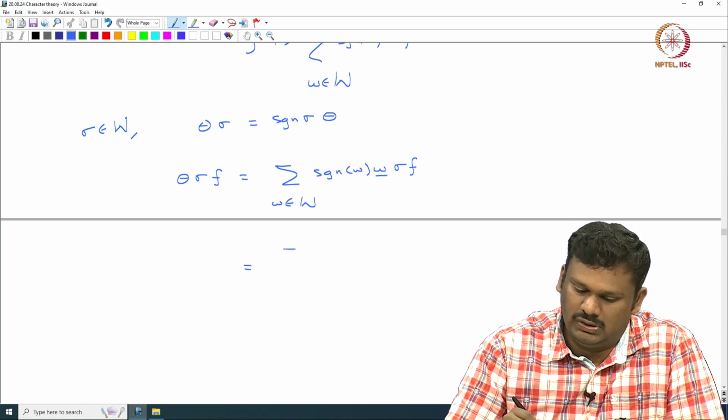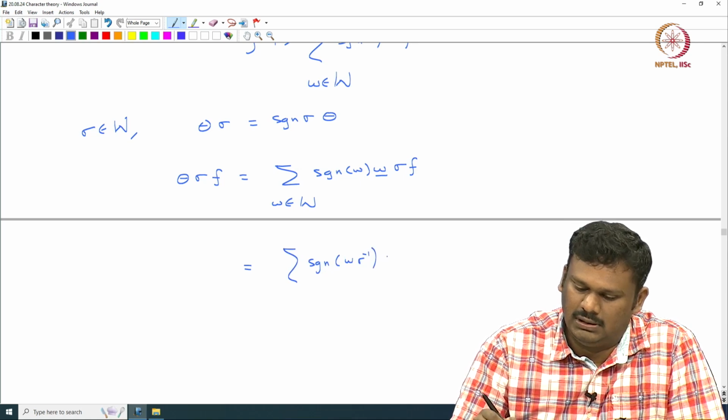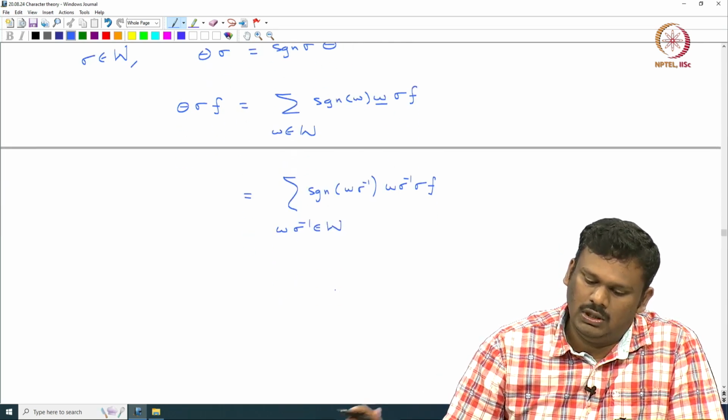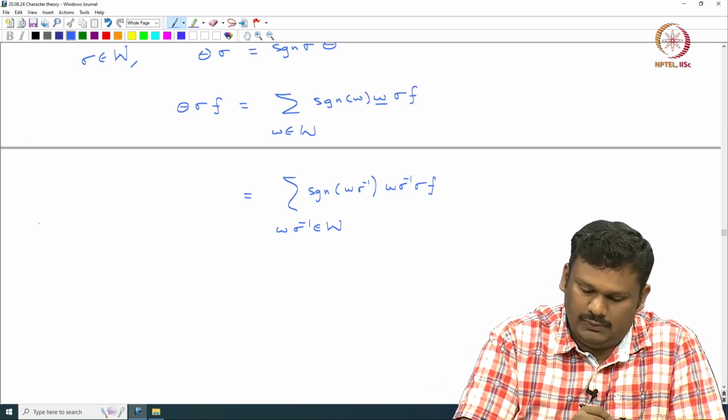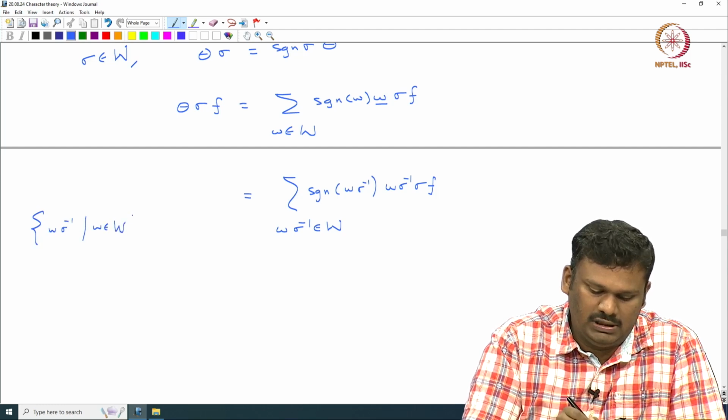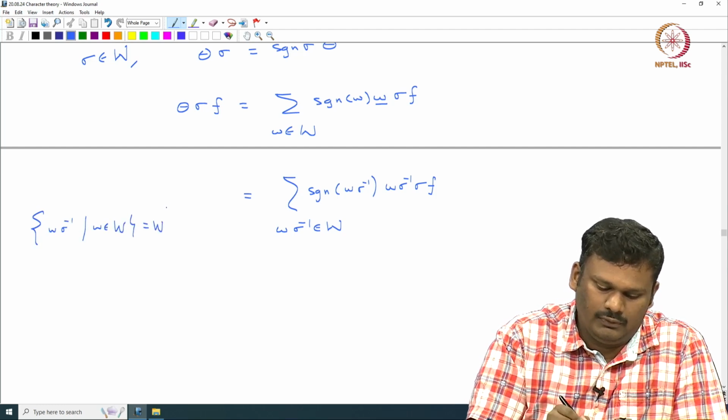So, there is no issue. So, summation of sine of w sigma inverse sigma f, and then it again runs over w sigma inverse in W. Note that when you take w sigma inverse, w in W, this is the same as w, because we are working in the group.